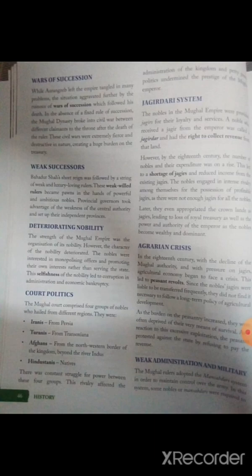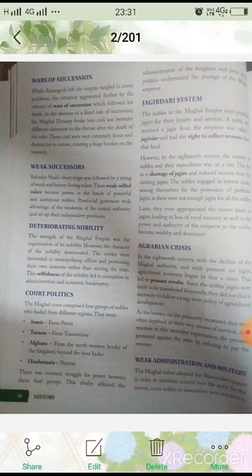After the death of Aurangzeb, his own three sons fought for the throne, and later on the other kings also fought for the throne. In this way, it wasted a lot of money and created a huge burden on their treasury.